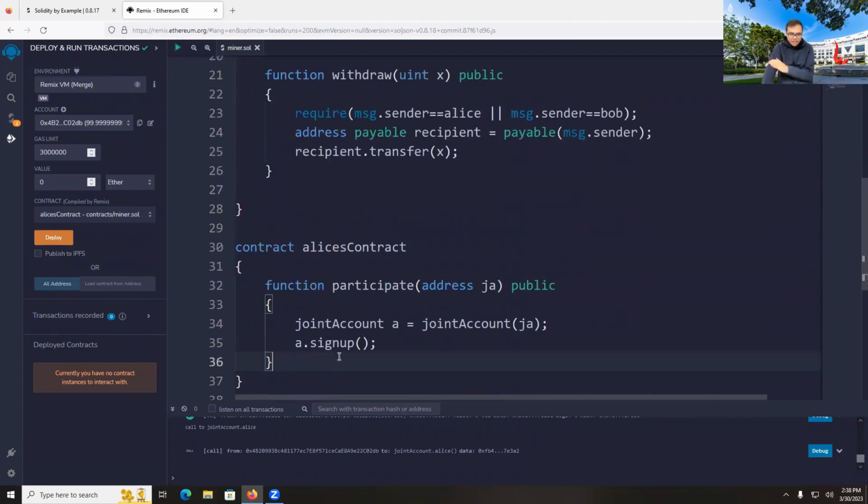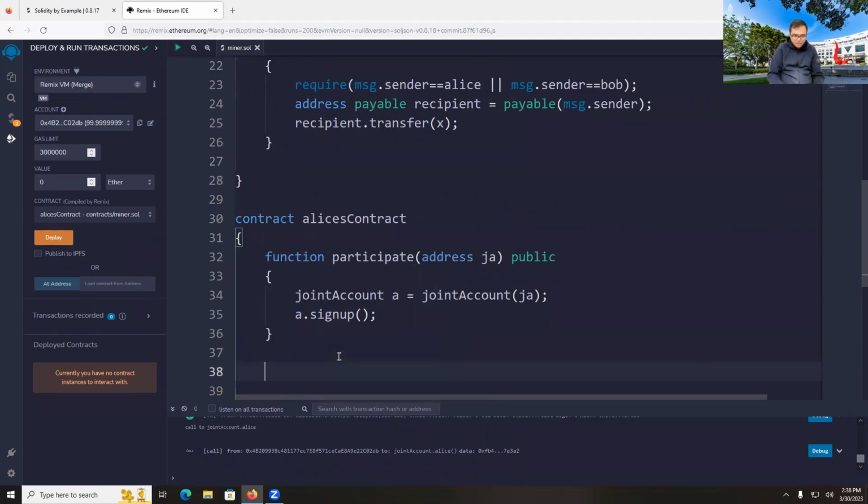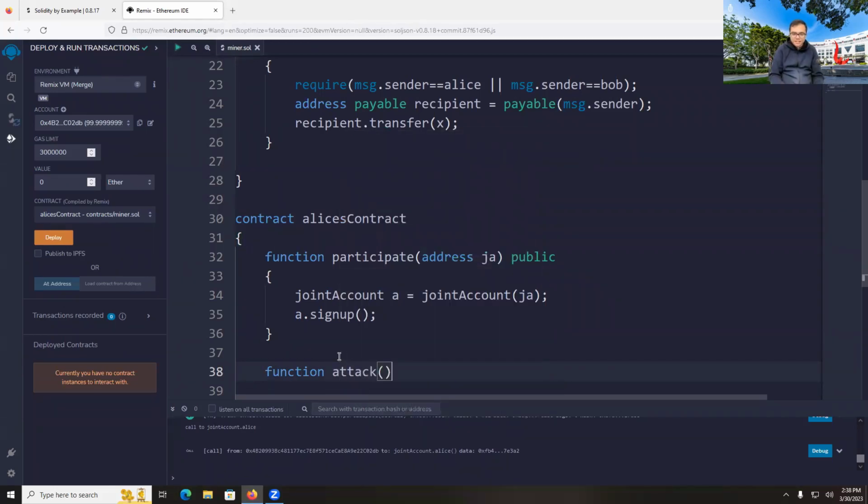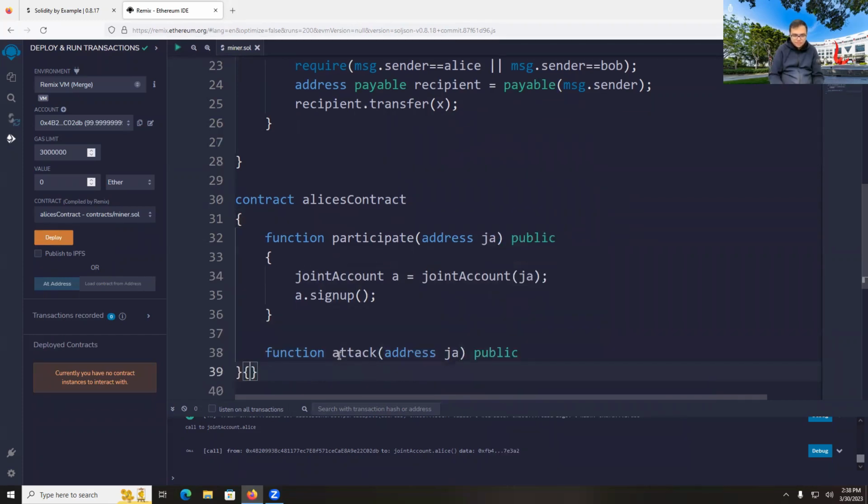So here's the thing. I can have a function here, and I'm going to call this withdraw again. Well, or instead of withdraw, let me call it attack. And again, it has to get the address of the joint account contract. And this is also, let's say, public.